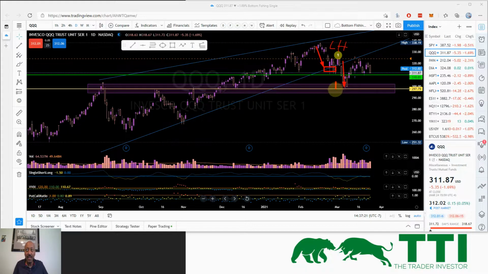We reach a new area of value and we make another lower high. So at this point, if we break this area here, then I am considering this is going to continue to the downside until it finds its next area of value.